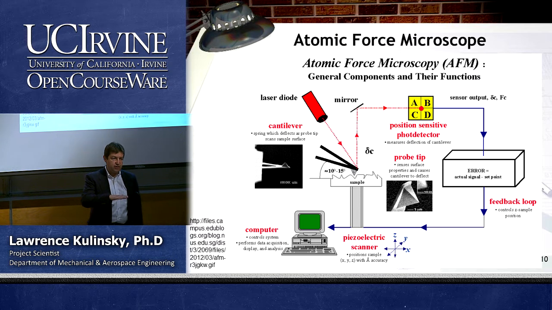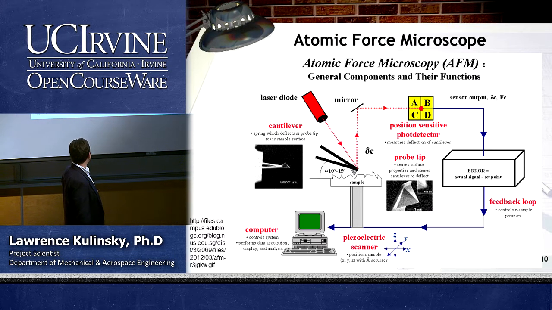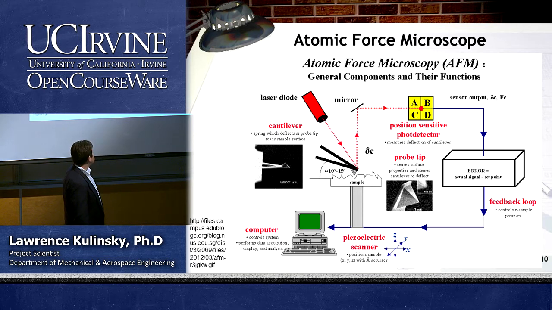So AFM works very much like a profilometer. You don't really need to have a conductive surface or any specific rules of what kind of surface it should be. But again, you need a very sharp, very nice tip. And typically, those tips are etched in silicon and silicon nitride.